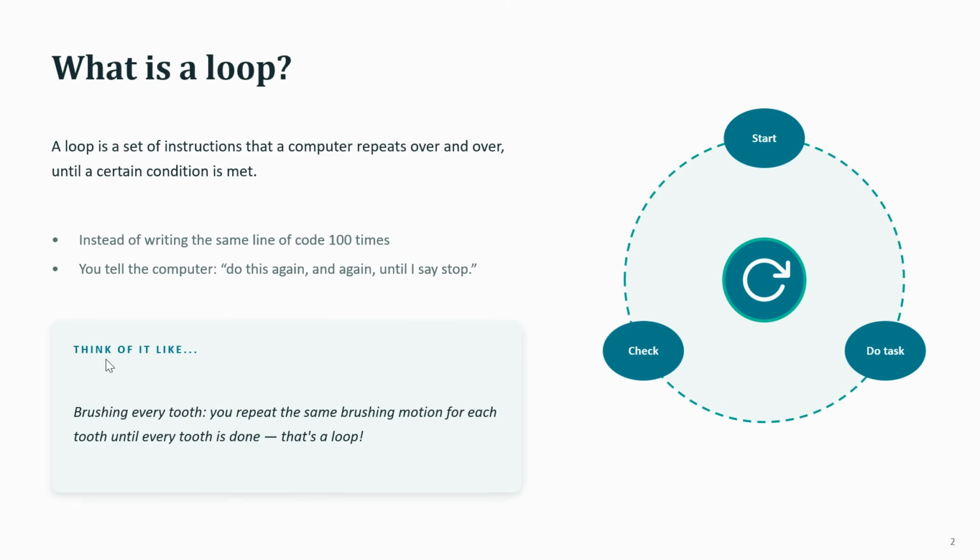There is also another example, like brushing every tooth. You repeat the same brushing motion for each tooth until every tooth is done. That's a loop. We have a standard 32 teeth, right? Every tooth needs cleaning.